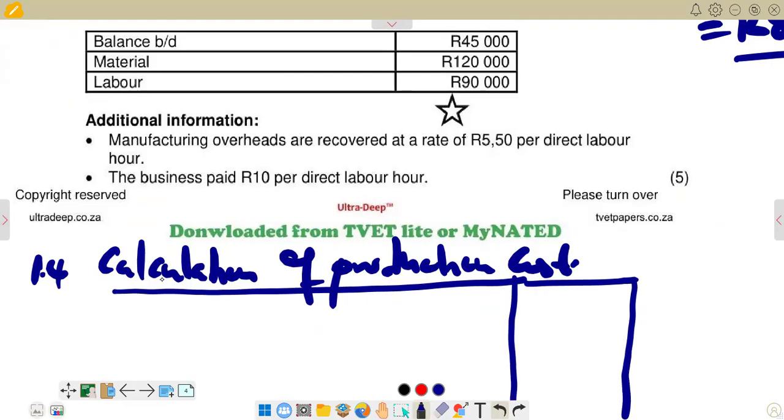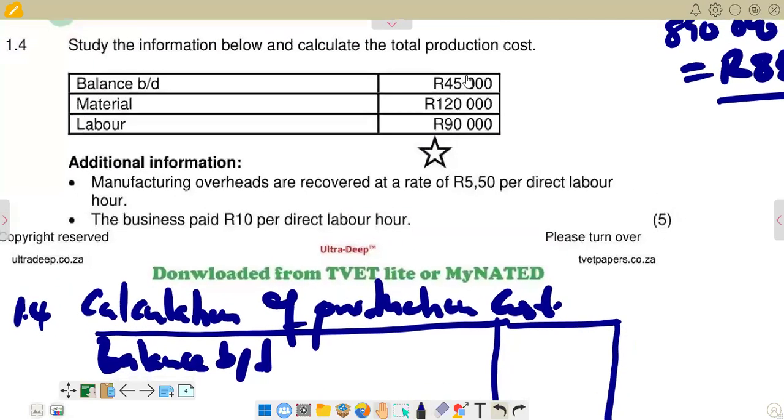Right. We are going to start with the opening balance, which is our balance b/d. Remember, we are given it there, it's 45,000. So we are saying here 45,000. And then we are going to include our material and our labor, 120,000 for material, 90,000 for labor.